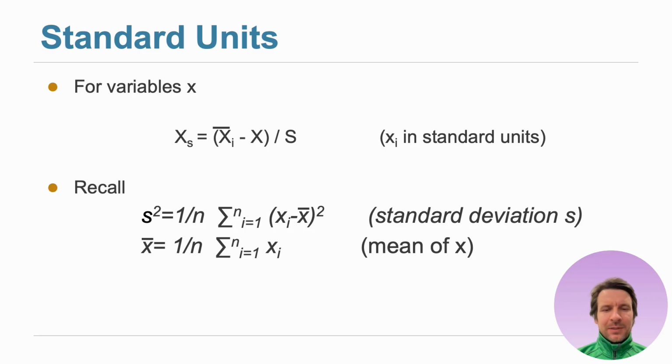I recall how the mean looks, and I divide it by s, which is the standard deviation. Here I have the square of the standard deviation: 1 over n times the sum from i equals 1 to n of the differences of xi's from the mean squared.